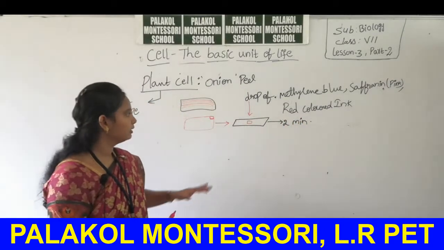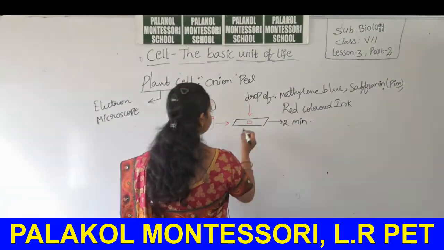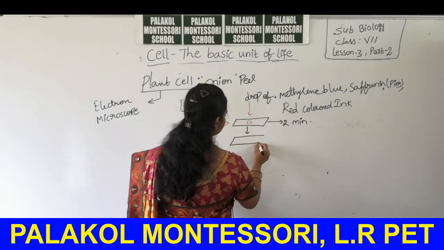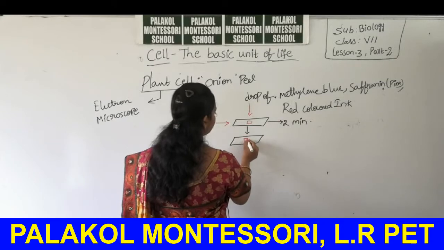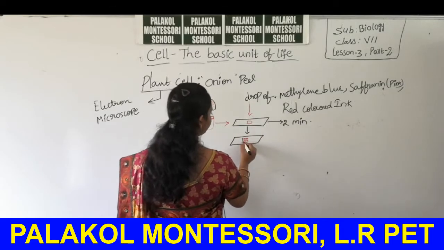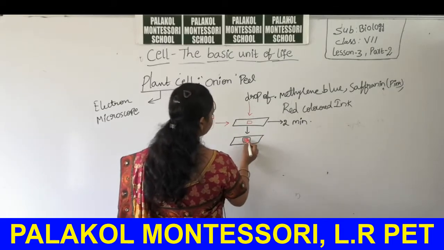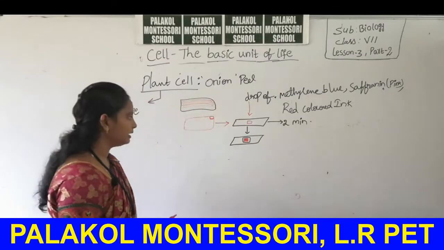Then, carefully, cover this with a cover slip, and the ink is spread throughout the entire onion peel.